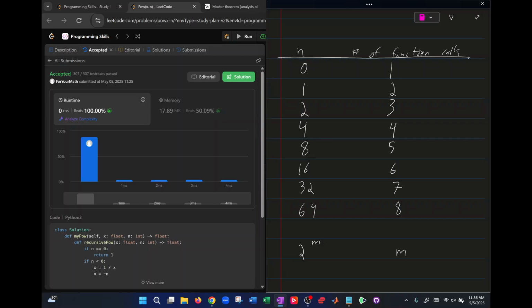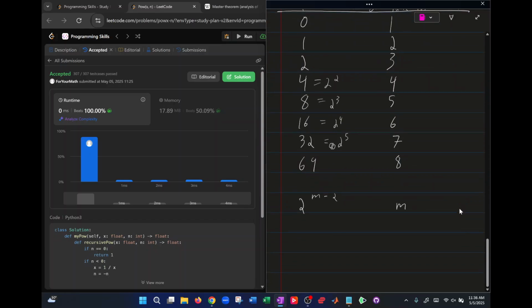Is it 2 to the power of m minus 2? Yeah, because 4 is 2 squared, 8 is 2 cubed, 16 is 2 to the 4th, it's 2 to the 5th. Yeah, so it's 2 to the m minus 2.